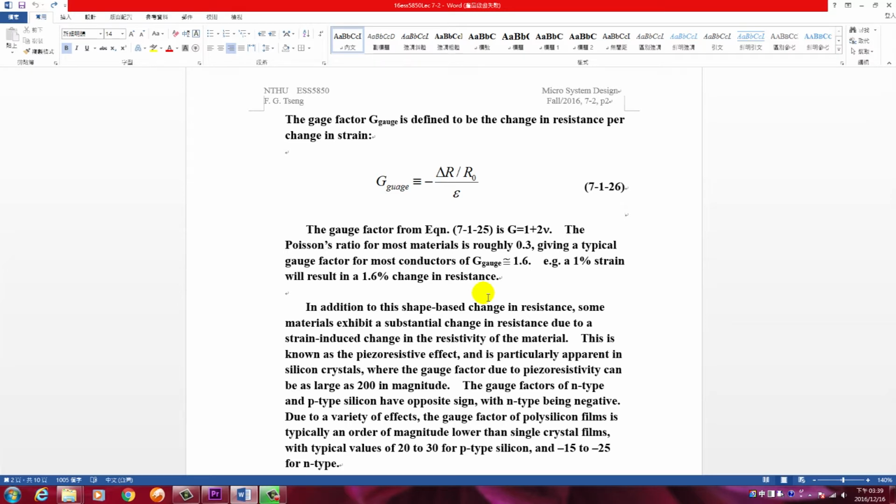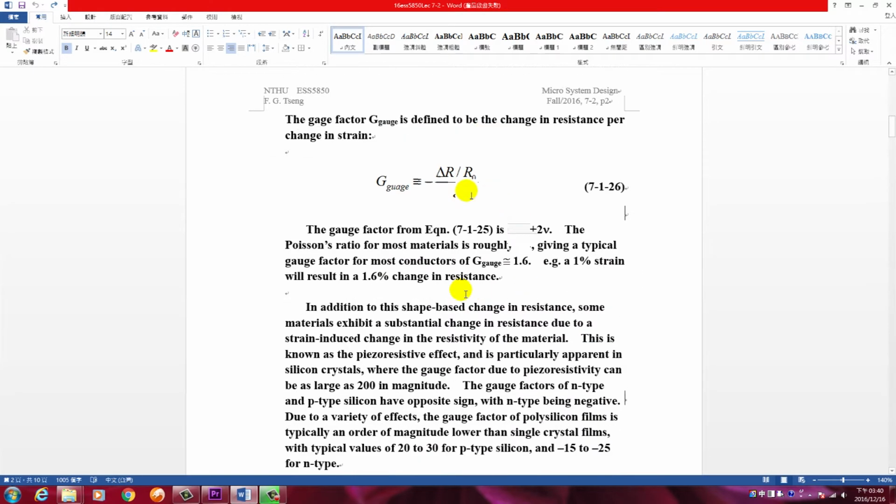So in order to enlarge the gauge factor, people think when we do the pushing process, currently we consider only the structural change. If the pushing process also changes the resistivity of the material, it may greatly increase the gauge factor. Consider we didn't think of the change of the piezoresistivity when we were developing this equation, right?